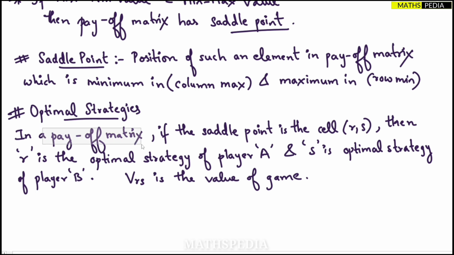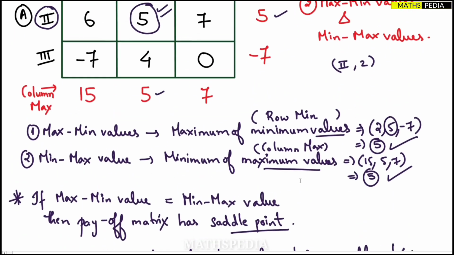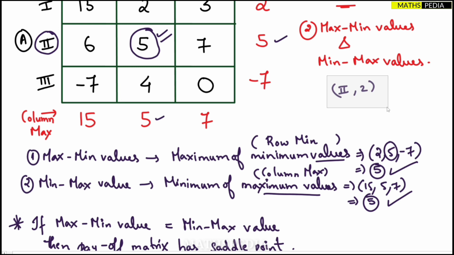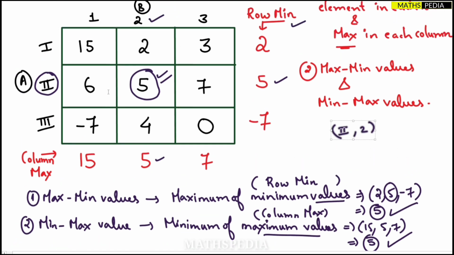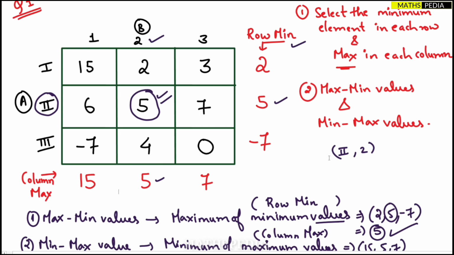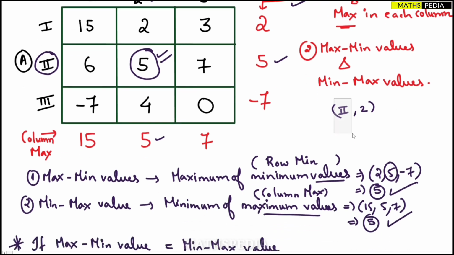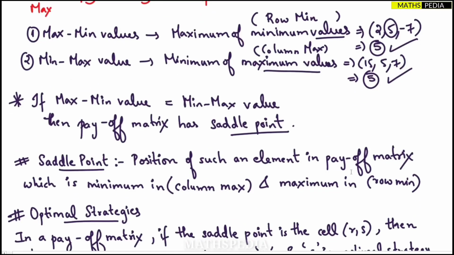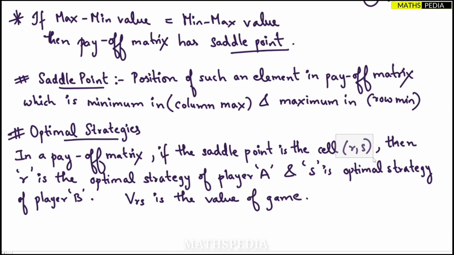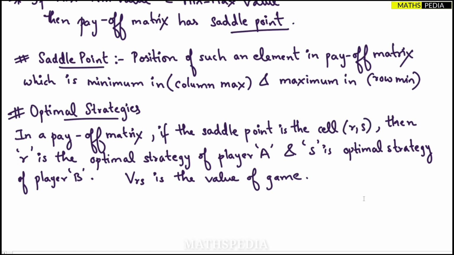So in a payoff matrix, if the saddle point is the cell r comma s, for example here, which was the cell Roman number 2 comma 2, always you have to write this number first, the player A number, then you have to write the second number, the player B number. So player A first, which is Roman number 2 comma 2, that is the cell number.